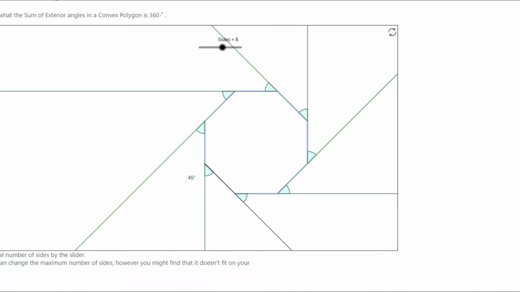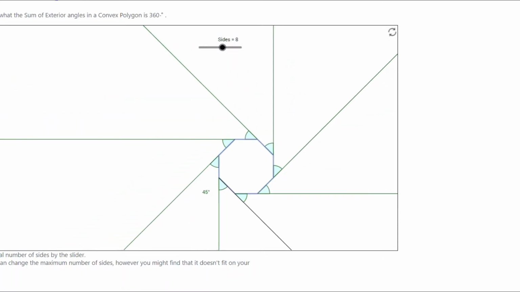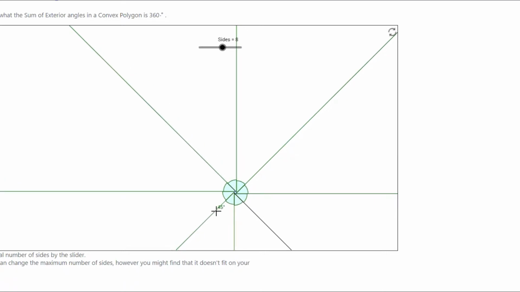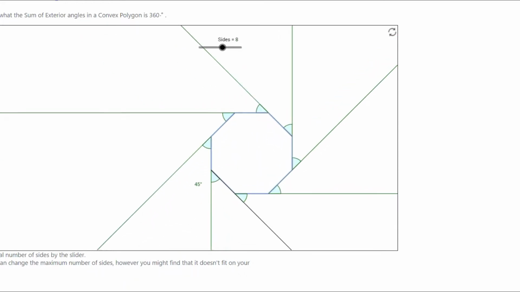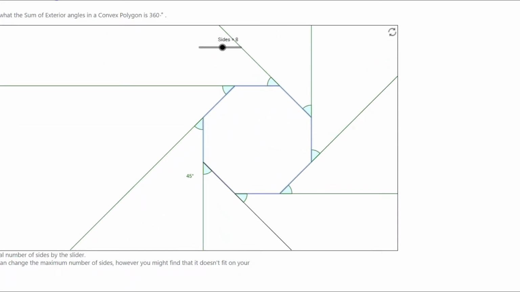Now if I scale it out, you can see that the exterior angles here actually form a circle if you join them together. And we know that angles at a point add to 360 degrees, which means that exterior angles of an octagon actually add to 360 degrees.